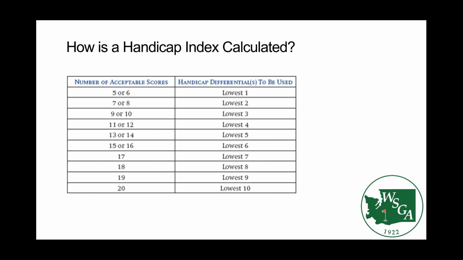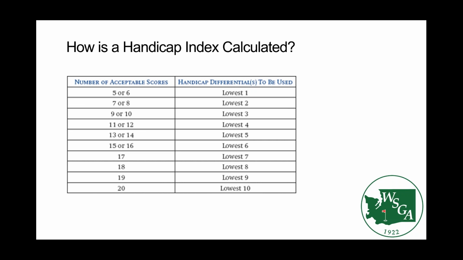You really need to have a good number of scores in there to get a true value of what your handicap index should be. The more scores you have, the more numbers used, and therefore a better idea of what your true potential is. As we get up to 20 scores, we use the lowest 10, which is where it caps out.